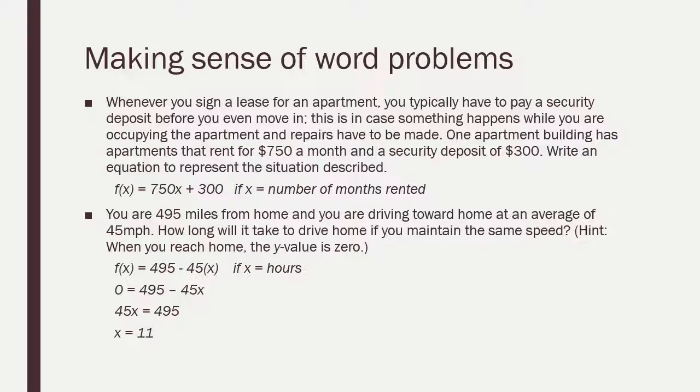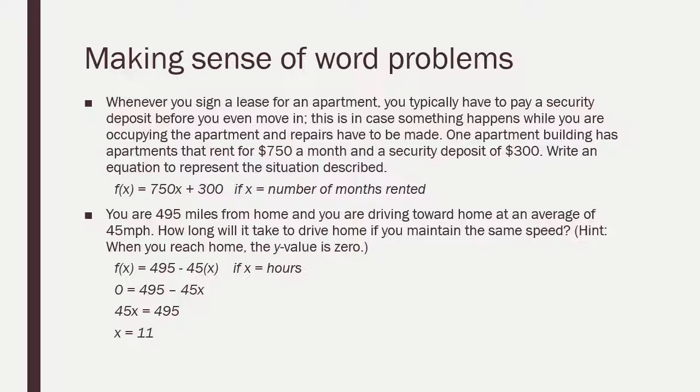Well, we know that you're going to pay that $300 up front, but you're not going to continue to pay it every month. So that's called a constant. It exists there, but it's not going to be paid every month. Whatever is going to be paid every month is going to have to be multiplied by the number of months that you're renting it.